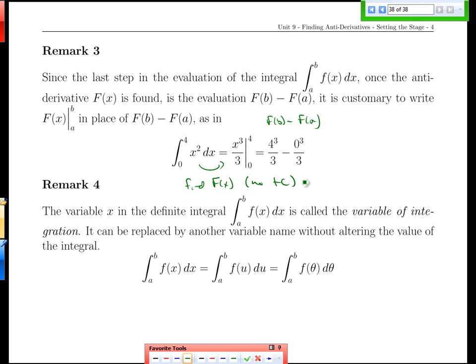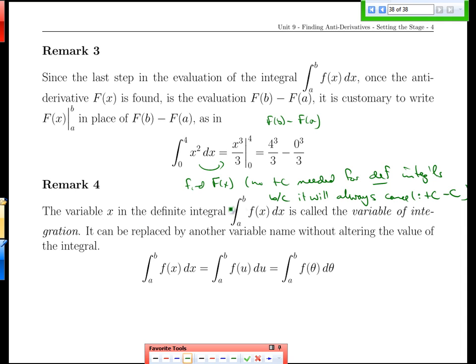And again, reminder, no plus c needed for definite integrals, because it will always cancel. We'll always have plus c minus c if we are subbing in two values and subtracting. If we didn't have the limits, we would need to have the plus c in there.